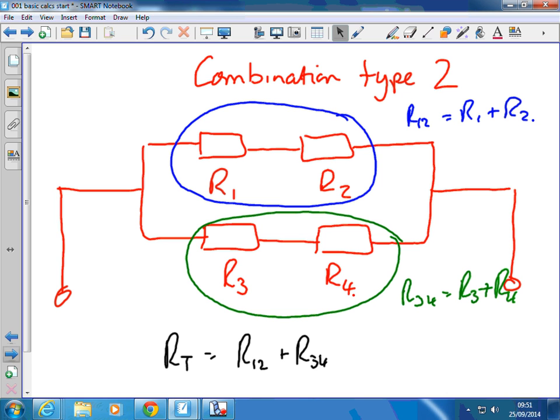What you're doing is, here you're saying, what resistor could I put in there instead of those two and still have the same circuit? And you're doing the same down here. And then overall you're saying, what value of resistor could I put in there to replace all of that with just one resistor? That's what it is, calculating the total resistance.